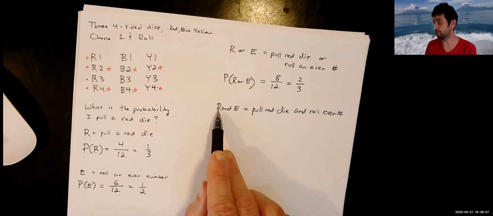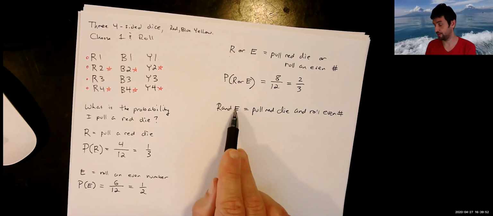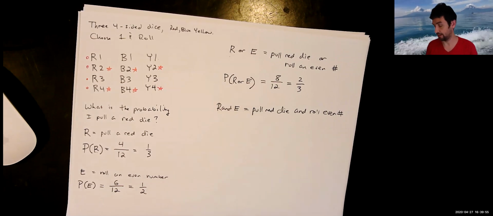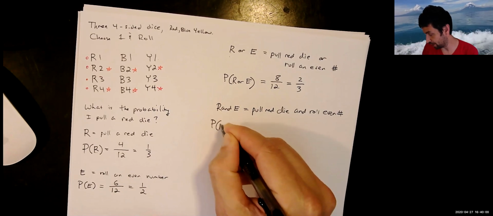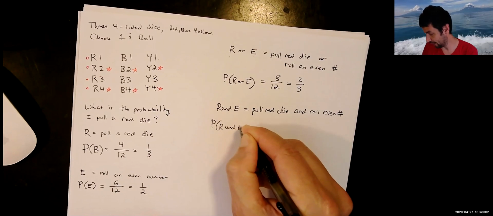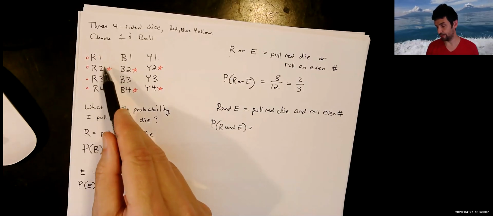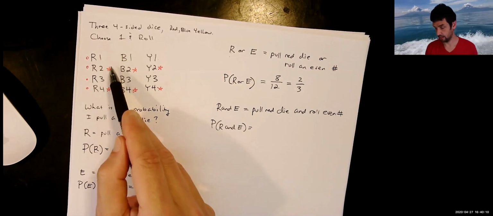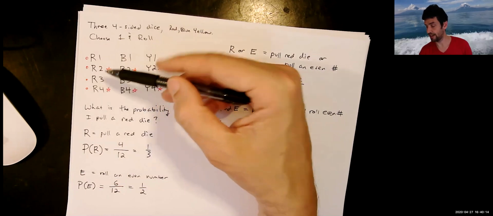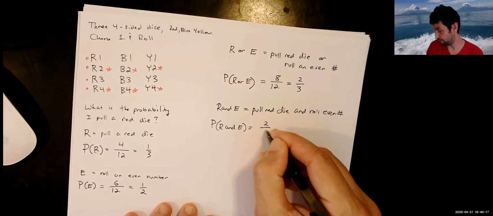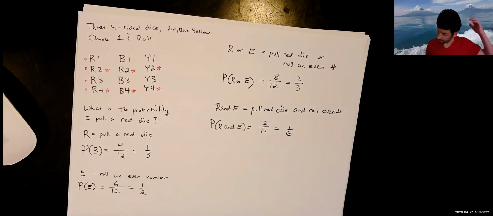We only count outcomes where we are pulling the red die and rolling an even number. So when we ask the probability of R and E, we're now only going to be counting these 2 events here, these 2 events here that have both a red die and an even number. So there are now 2 out of 12 or 1/6. Okay.